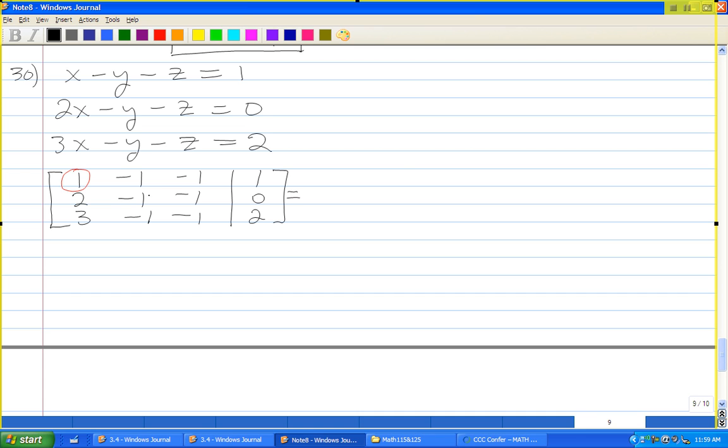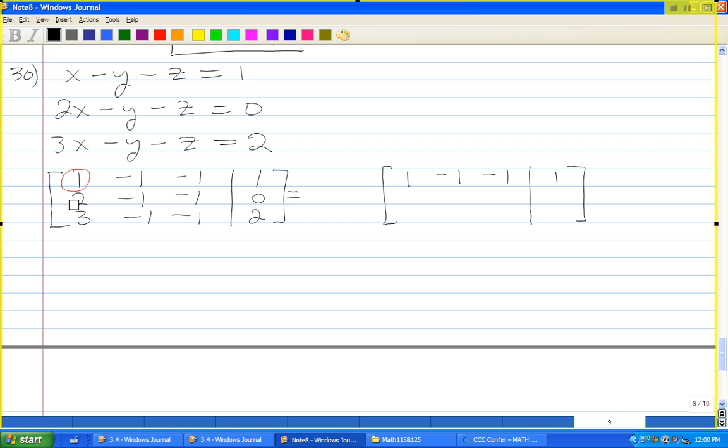And so the very first row, 1, negative 1, negative 1, 1. That's not going to change. Now let's perform the pivot. So I want to make this 0 by multiplying this row by some number. Since this is a 1, just multiply this first row by negative 2.